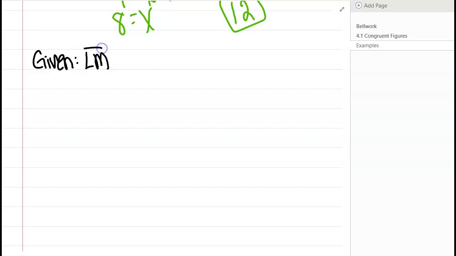Side LM is congruent to side LO. Side MN is congruent to side ON.